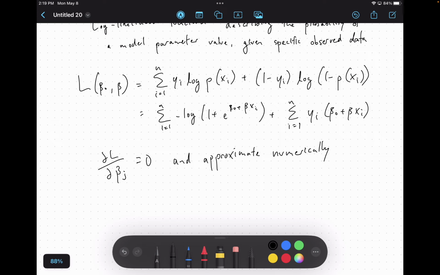The maximum likelihood estimator always approximates our betas numerically instead of analytically. Okay, and so this is the equation for the likelihood function that you are trying to maximize, but again, this is just the thing that's kind of happening behind the scenes. You don't need to run these manually unless you're taking a statistics or econometrics class.